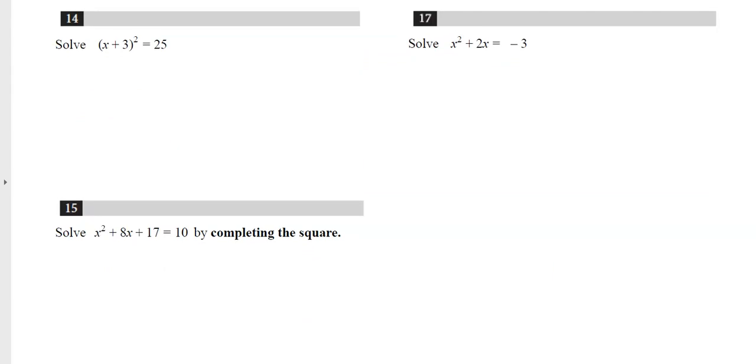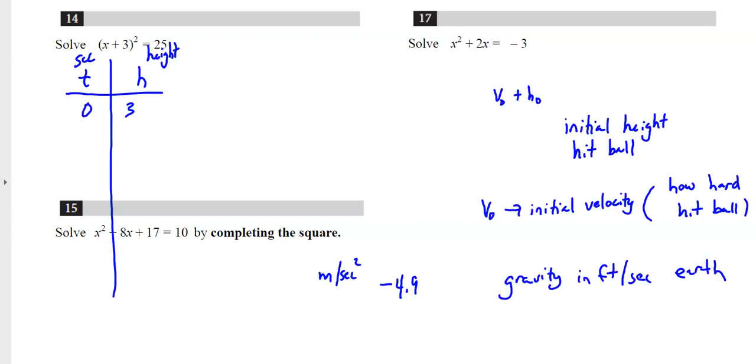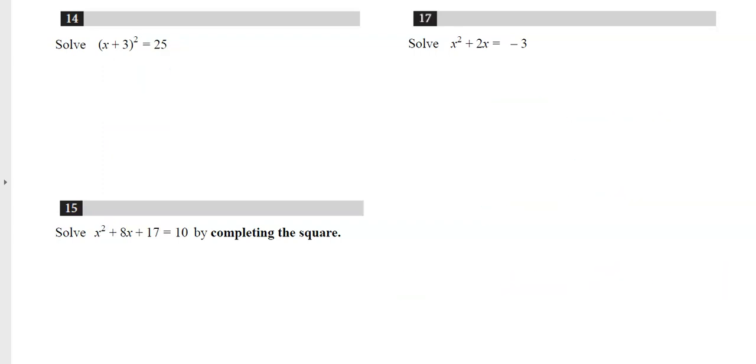Number 14, I'm looking at this and I'm thinking, well, this is just a squared problem. I know I can get rid of that little 2 if I just take the square root of both sides, and it's just going to leave me x plus 3. And the square root of 25 is positive 5 and negative 5.